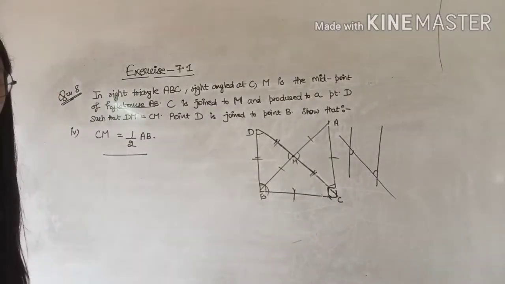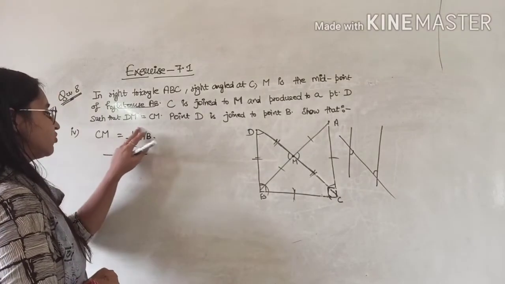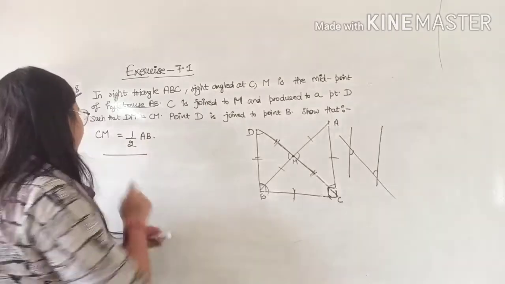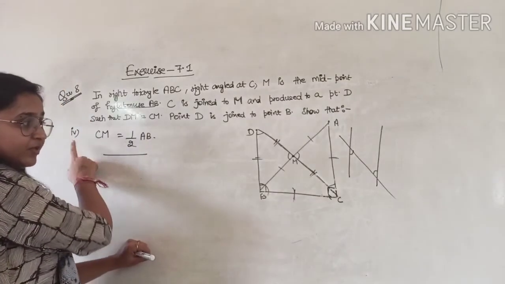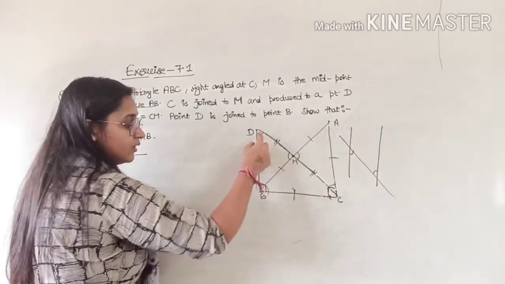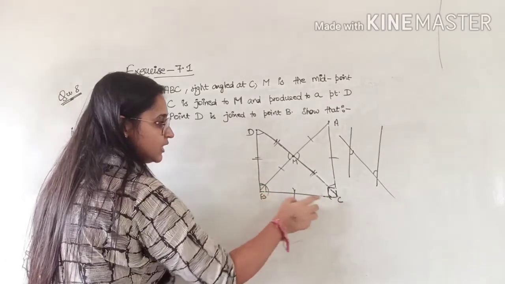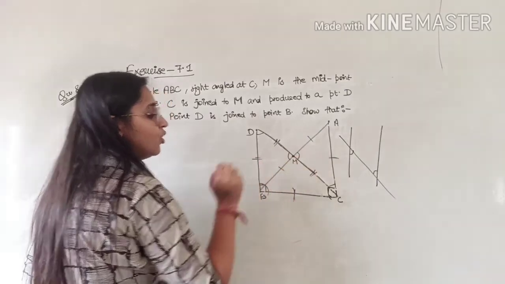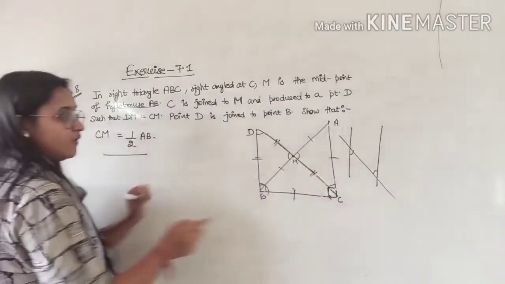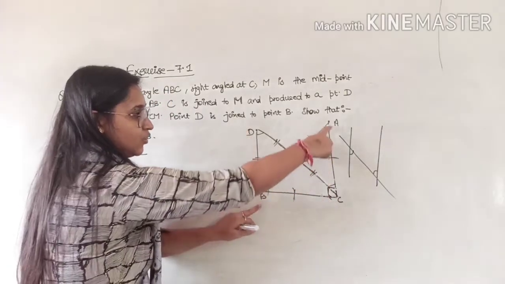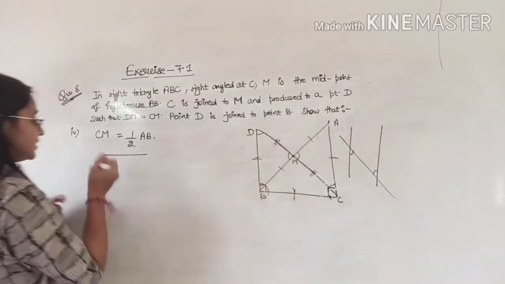Now see, the fourth part is we have to prove that CM is equal to half of AB. In the previous part, that is the third part, we proved that triangle DBC is congruent to triangle ACB. From these two triangles, I can write DC is equal to AB by CPCT.